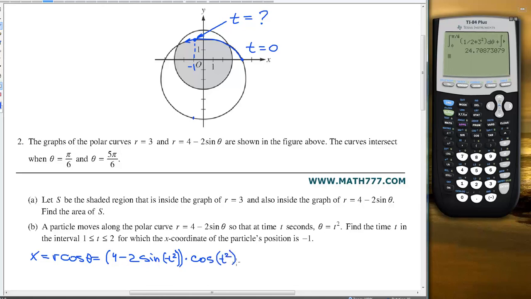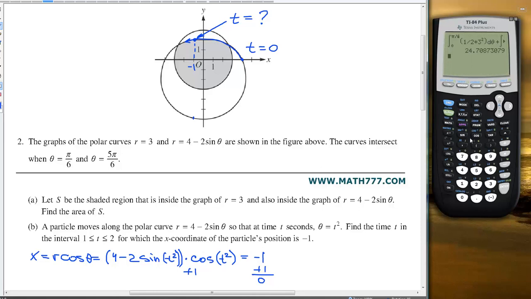So this is the x-coordinate at time t. And so we need to find such t that this is equal to -1. Let's add +1 to both sides, because our solver in the calculator requires us to enter this function on the left, and then we can solve for t.